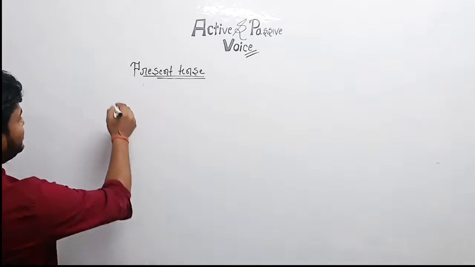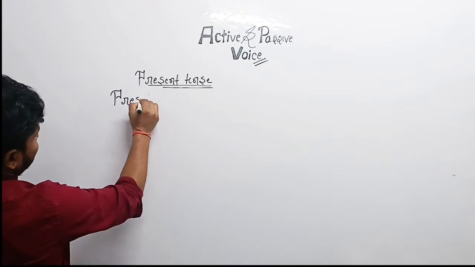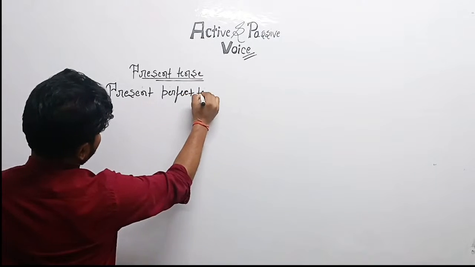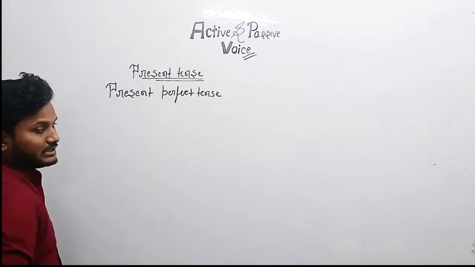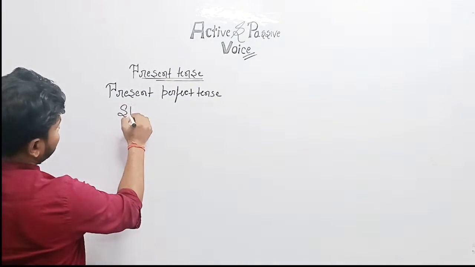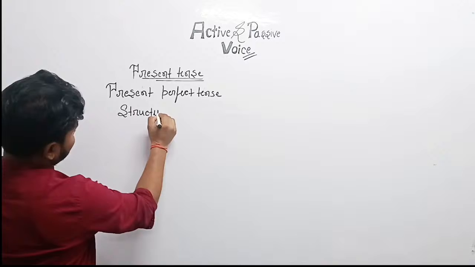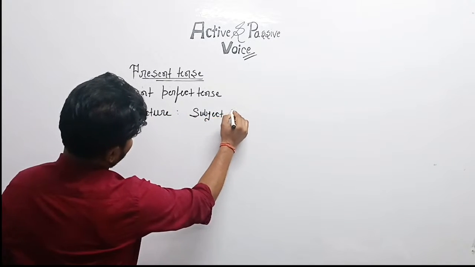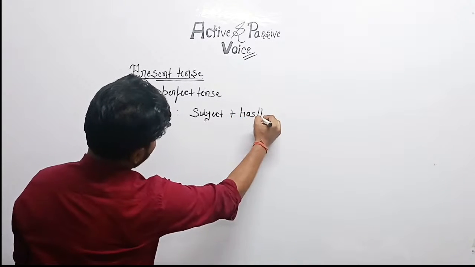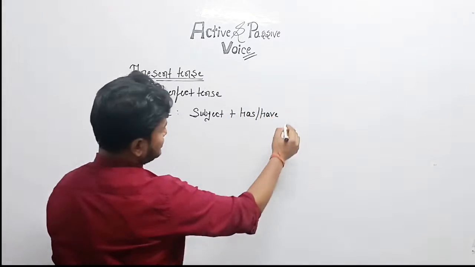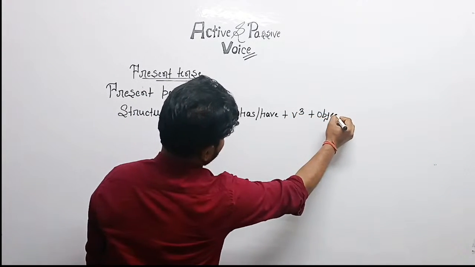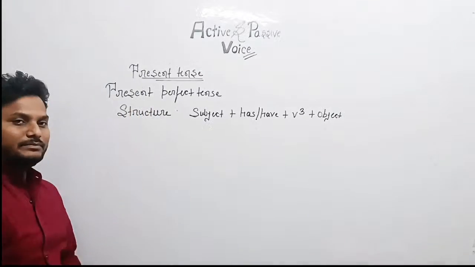Now see, present perfect tense. The first thing, what is the structure of present perfect tense? See the structure: subject plus has/have plus V3 plus object. This is the structure of present perfect tense.